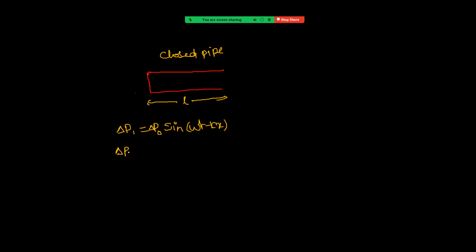Next, delta P2 that is equal to delta P naught sine omega t plus kx. So one is traveling along positive x, other is traveling along negative x. That means x-axis is now like this. One comes after reflection and one is the instant one.